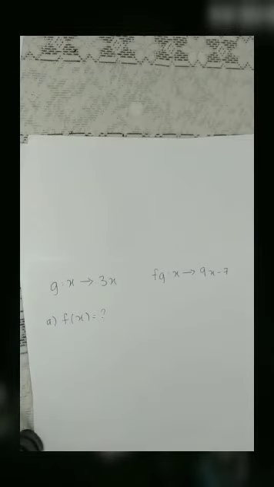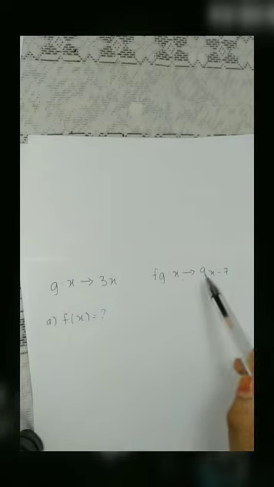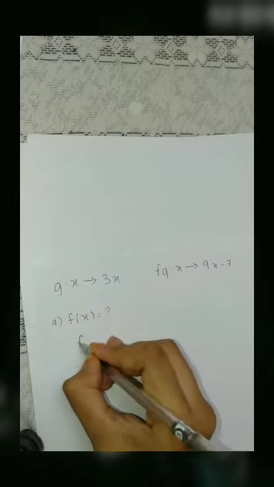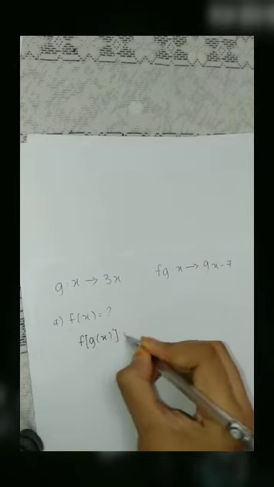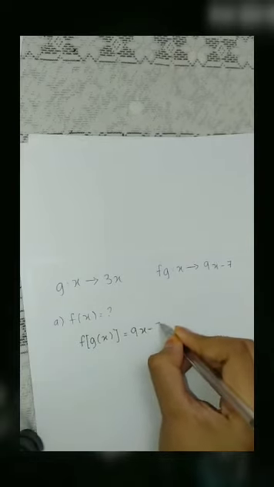For the next question, it is given that g(x) is 3x and f(g(x)) is 9x minus 7. So it asks us to find function f. So first, as usual, write f(g(x)) equals 9x minus 7.